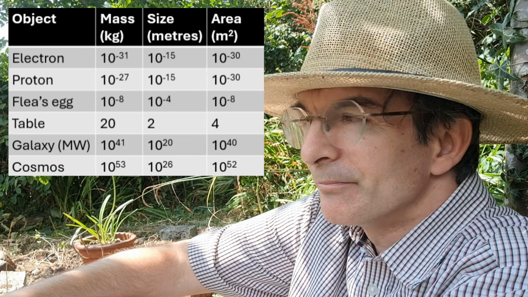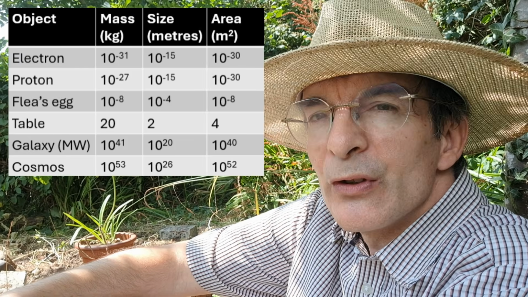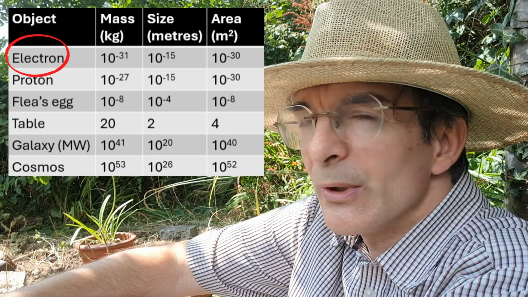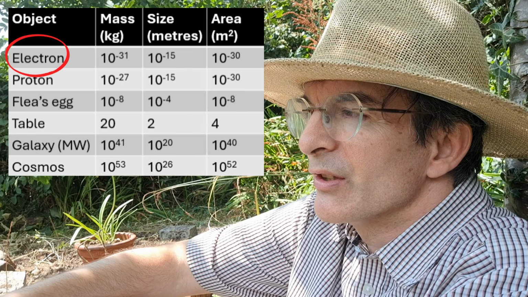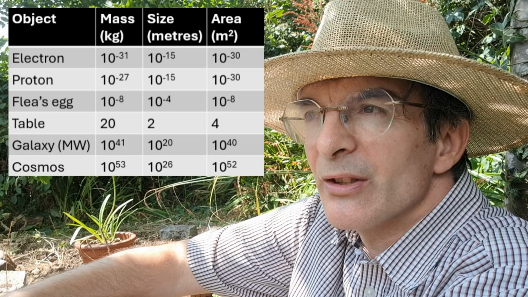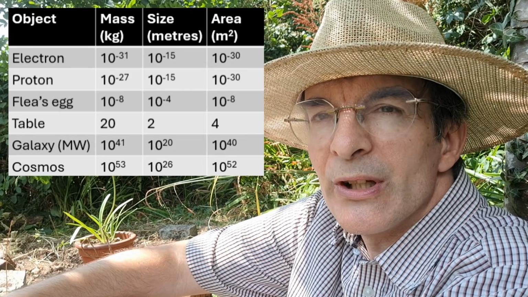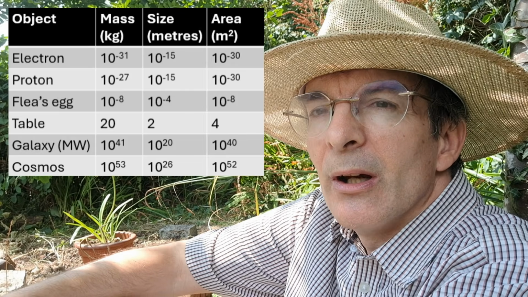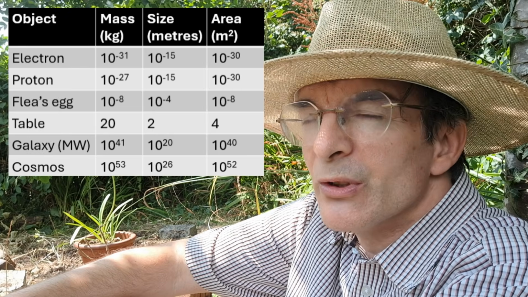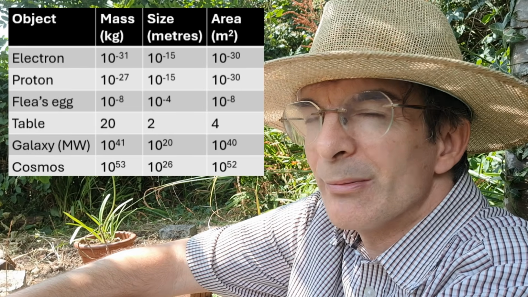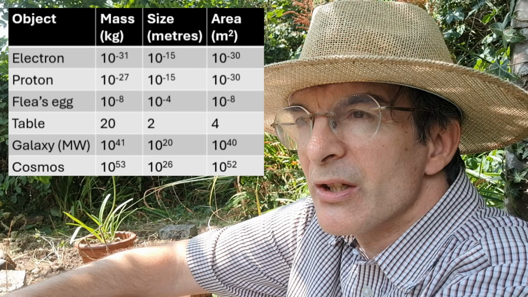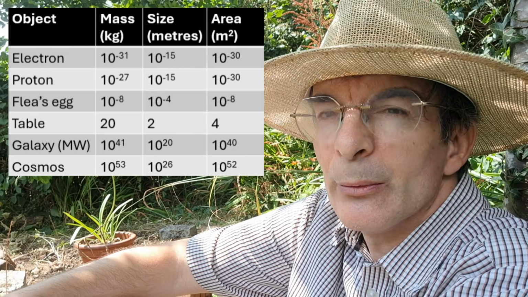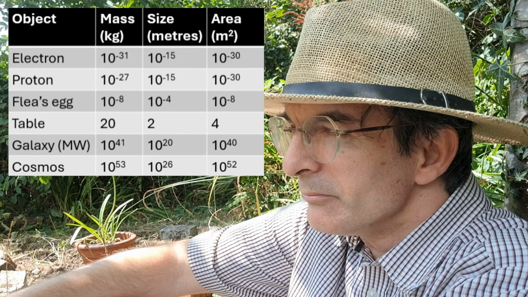r is a radius. So we first have the electron, which is in the first row, and the mass is about 10 to the minus 31. I've just shown the exponents here because this is fairly loose, but I'm going to prove it over a massive range of sizes, so perhaps you won't mind.